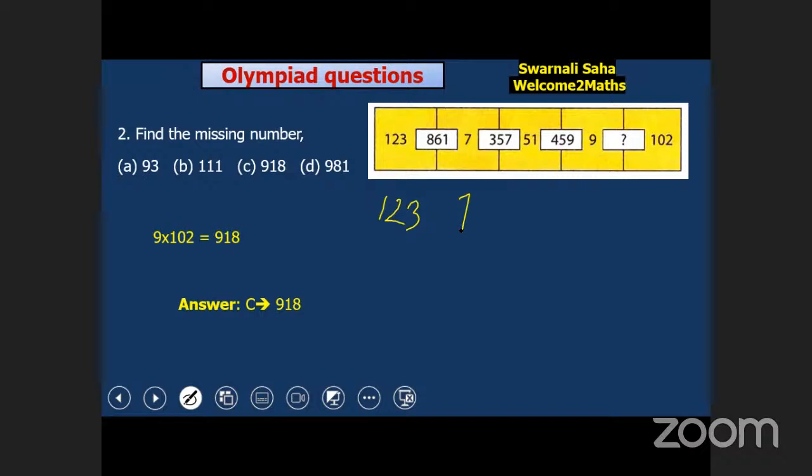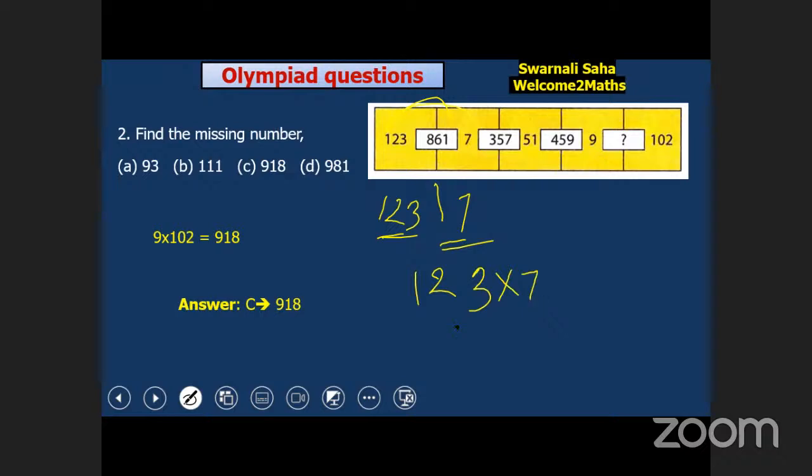Whenever you have a middle number, you have to do some operation like addition, subtraction, multiplication, or division. But here you can see 861 is a bigger number. Whenever we do multiplication, we always get a bigger number, right? Just like 123 and 7. Whenever you multiply 123 into 7, you will get 861 here.